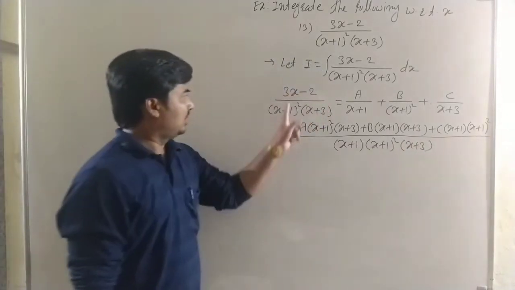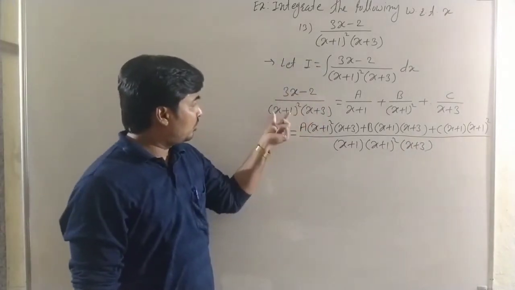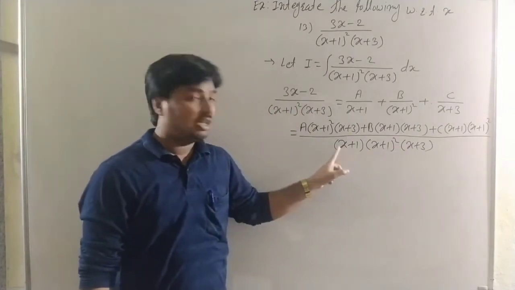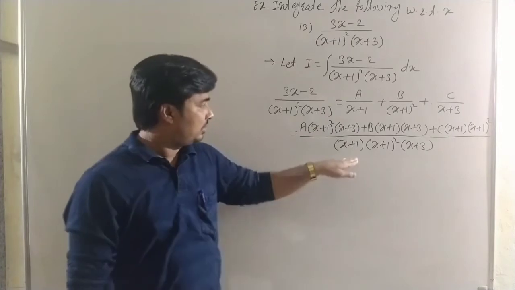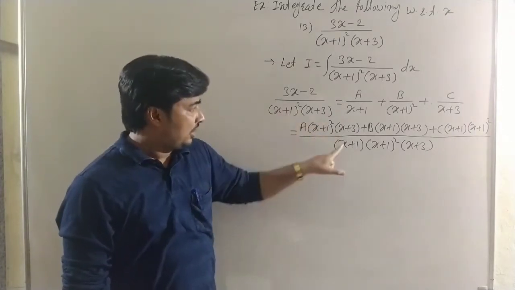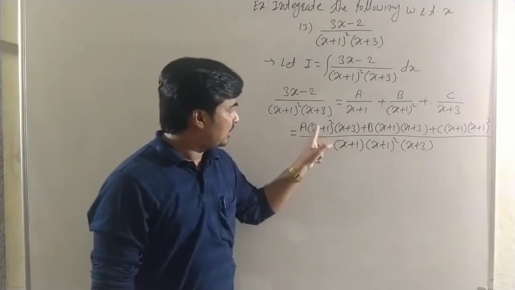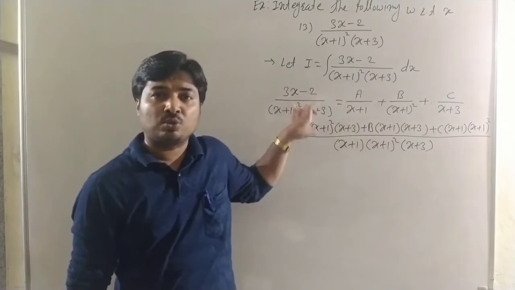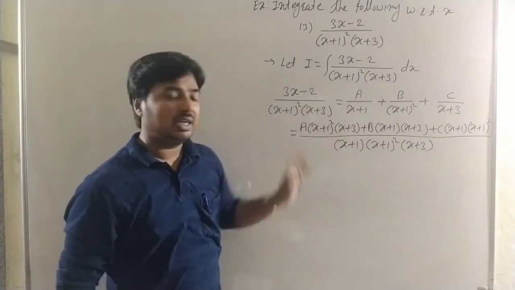See carefully, on these two sides there is an extra x plus 1, so the denominators cannot be compared. But in the numerator we can take x plus 1 common, and this x plus 1 gets cancelled.